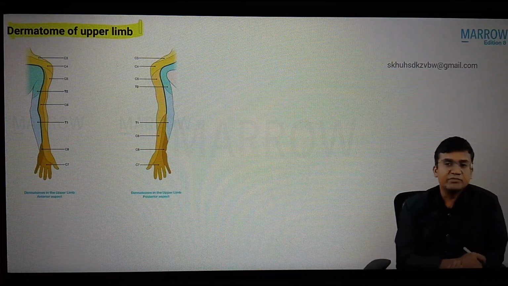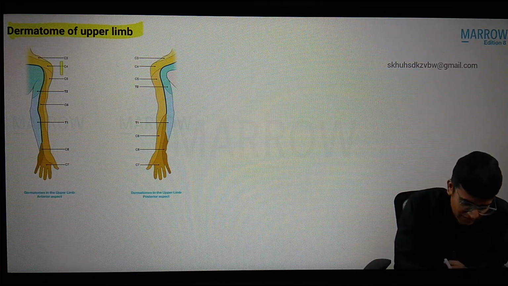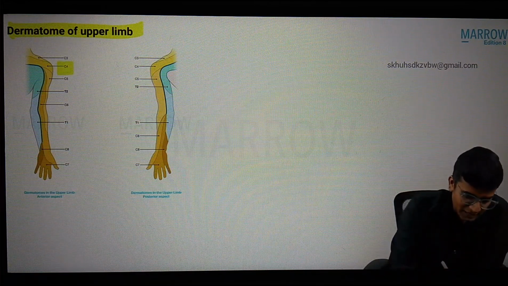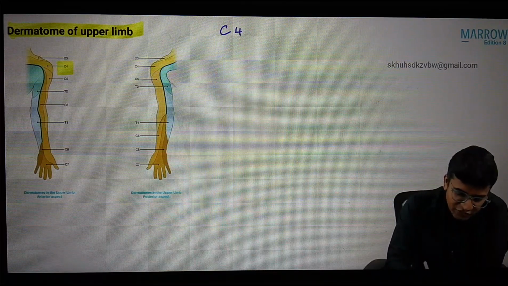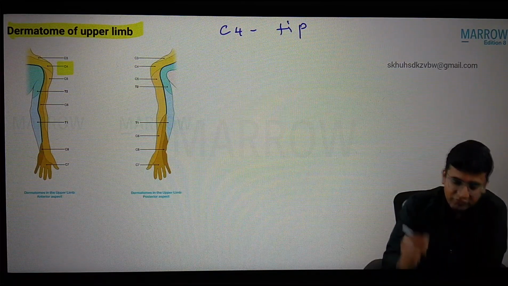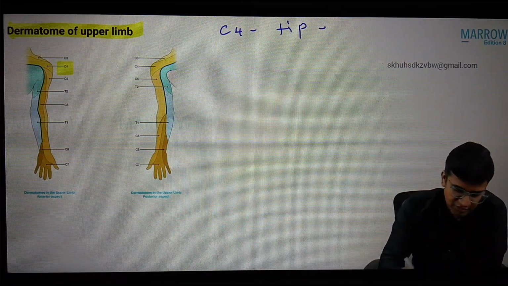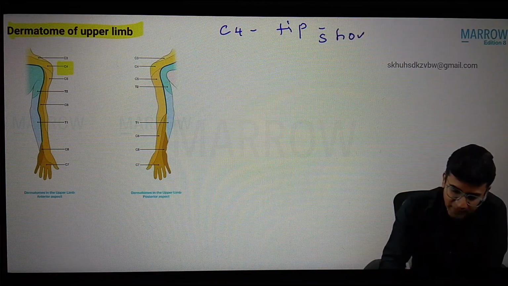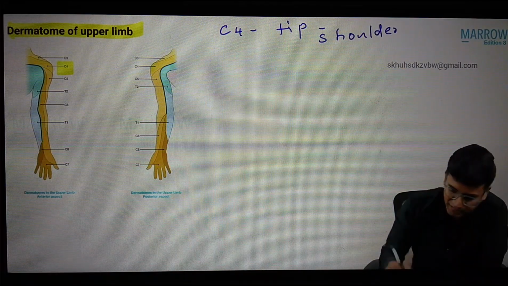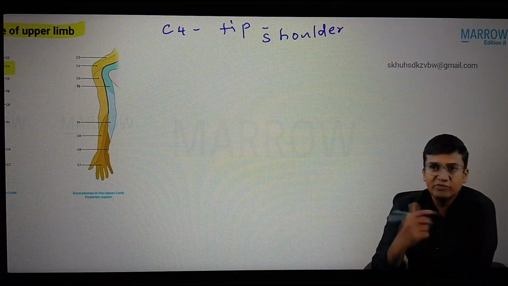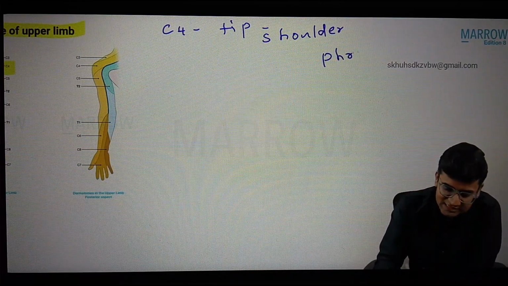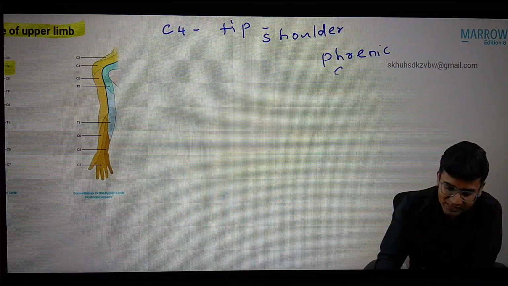Now, next, dermatome of the upper limb. See the diagram. The highest point of the shoulder, the tip of the shoulder, is supplied by C4 fiber. C4 is the dermatome for the tip of the shoulder. Now, phrenic nerve, what is the root value of the phrenic nerve? Phrenic nerve root value is C3, C4, C5.